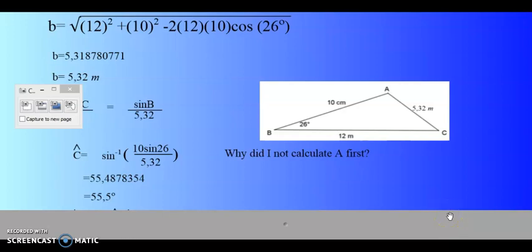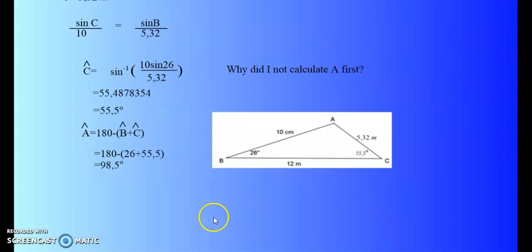Will we be using the sine rule? Will we be using the cos rule? What method and what approach will we take to solve the angle A? There we have it. We will subtract them from 180 degrees because the angles of a triangle add up to 180 degrees.